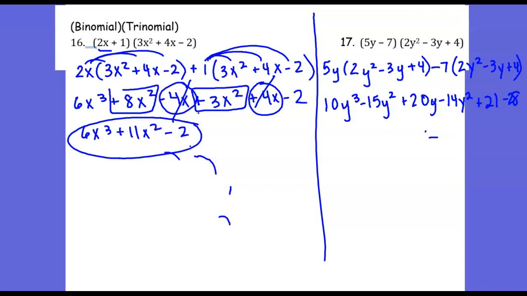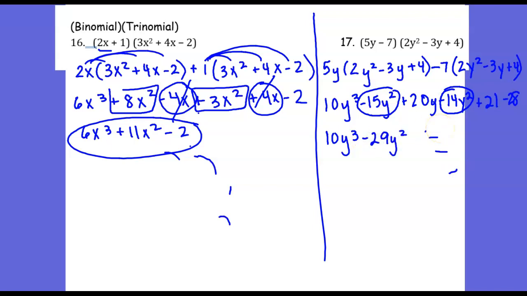We now combine our like terms, highest degree first, so we've got 10y to the third. Let's combine the negative 15y squared and the negative 14y squared, and we get negative 29y squared.